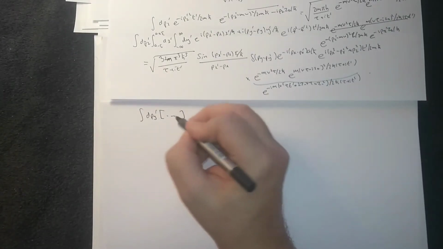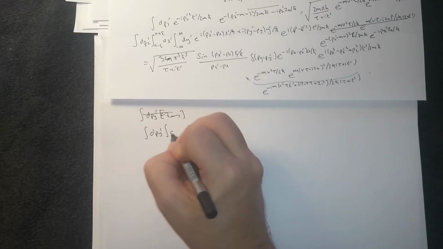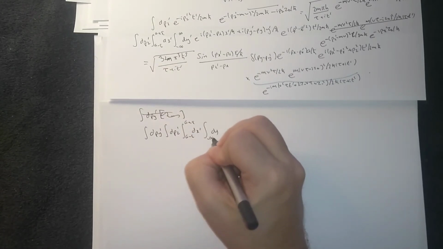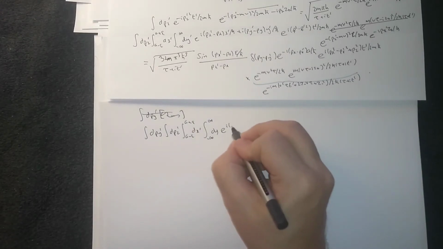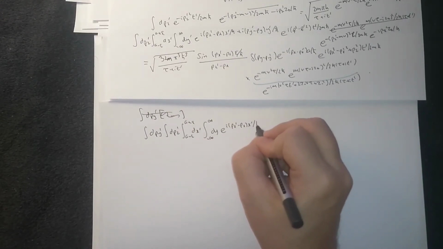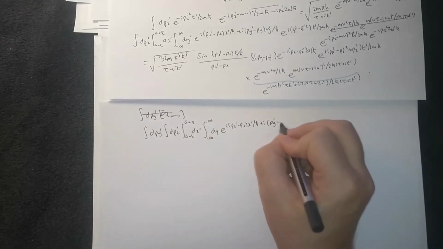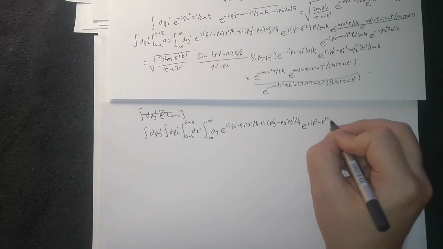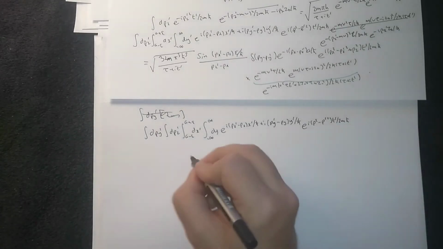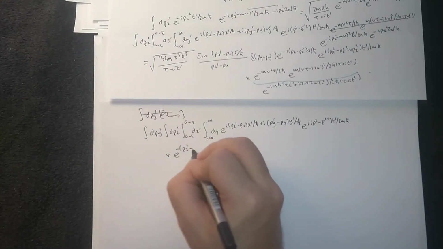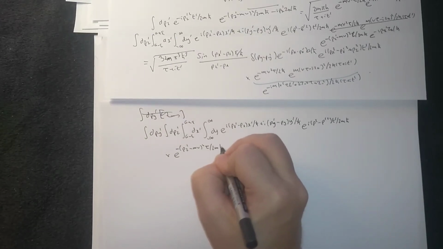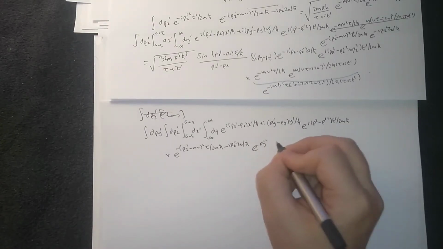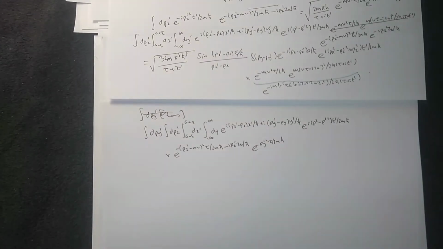Actually, let's write it in full. dy from minus infinity to infinity, e to the i (px prime minus px) x prime over h bar plus the same thing in y, e to the i (p squared minus p prime squared) t prime over 2m h bar times e to the minus (pz prime minus m v) squared tau over 2m h bar minus i pz prime z naught over h bar, e to the minus py prime squared tau over 2m h bar.